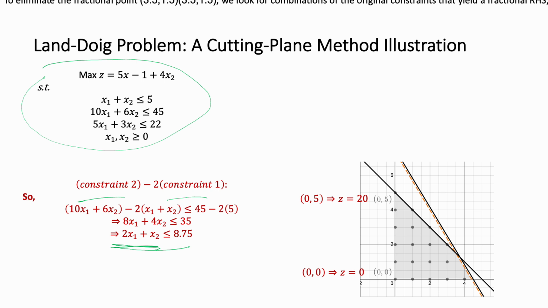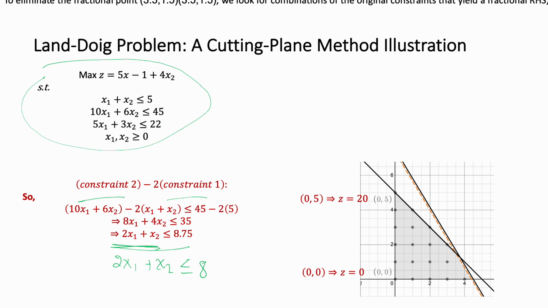Now, if we take the floor of this, it would yield 2x sub 1 plus x sub 2 less than or equal to 8. And this cut excludes the point 3.5 and 1.5, while keeping the point 3, 2.